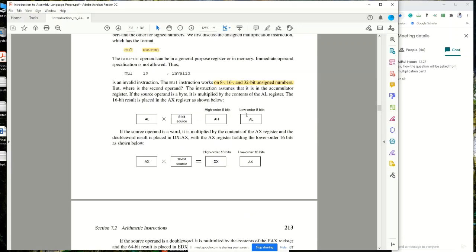We need some bits from the AH register to store this minus 250. That's why our two flags are activated, and the processor will understand that some of the bits in the AH register are not all sign bits. Some of them are part of the result.